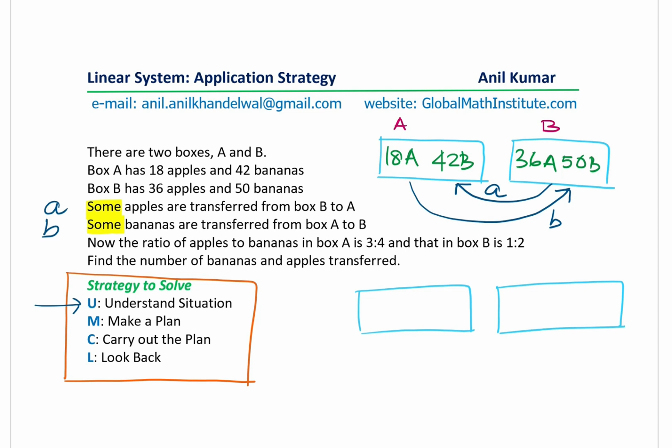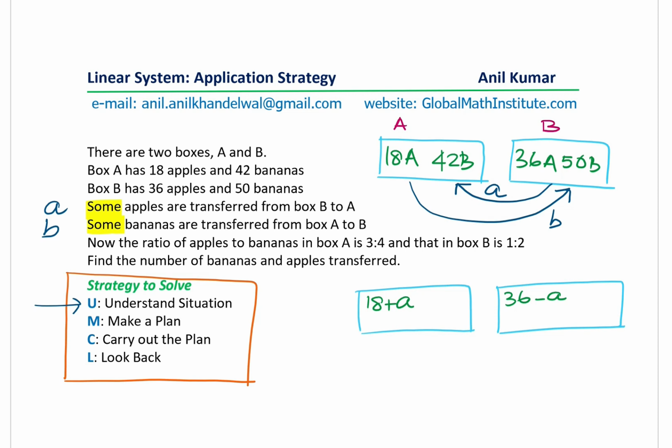Now we have more apples here, so we have 18 plus A as the number of apples. On the other side, since A were transferred, we have 36 minus A.